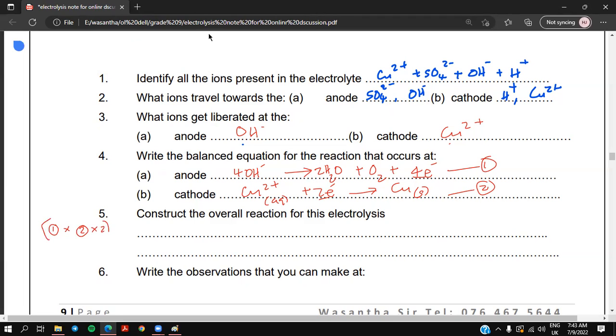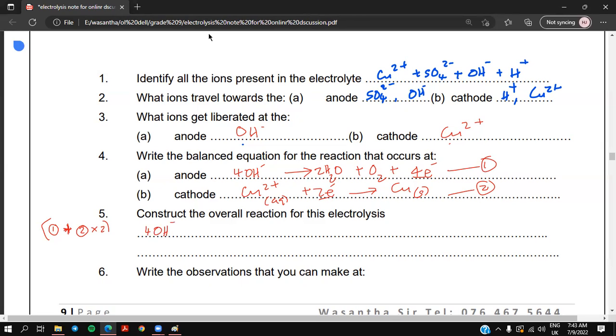Equation 1 is going to be added to equation 2 multiplied by 2. I will do it straight away without constructing a third equation, considering the change due to multiplication during this addition. From the first equation, we have 4OH-.